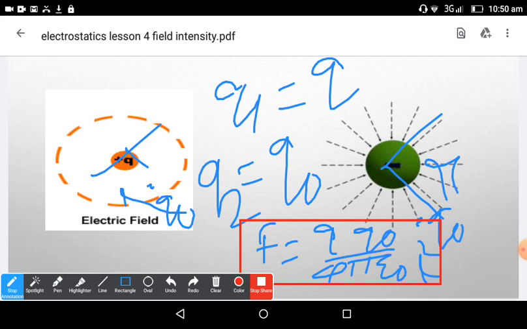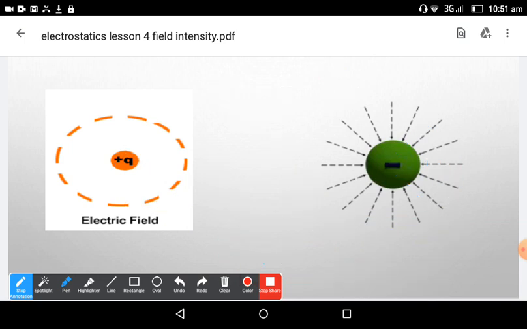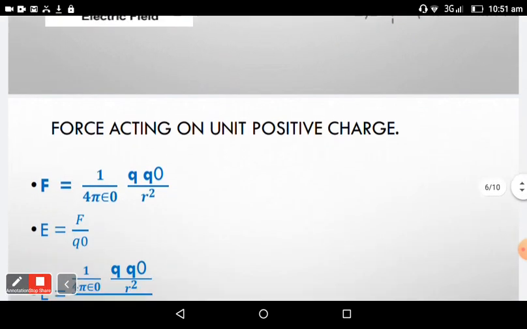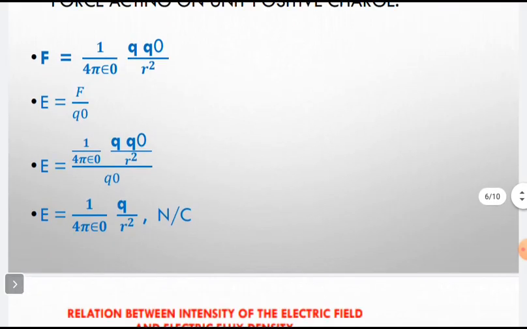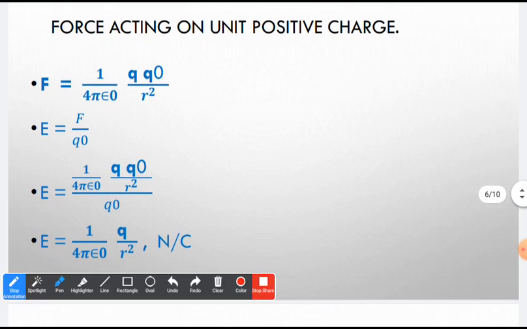So we have to calculate this value, force by Q naught. So now we will calculate the force between the two charges, and then divide by the charge. Here the force is already calculated.